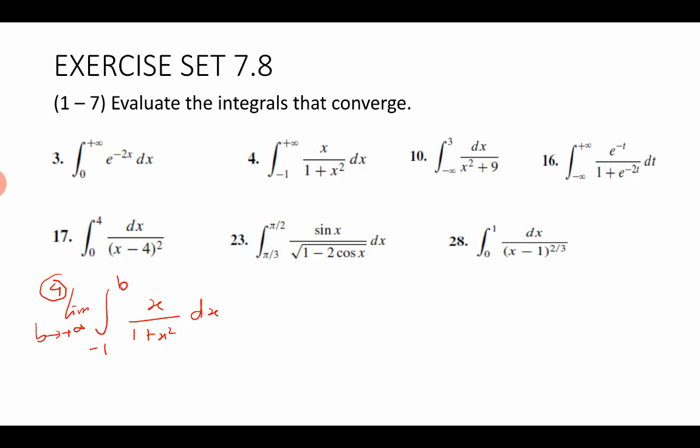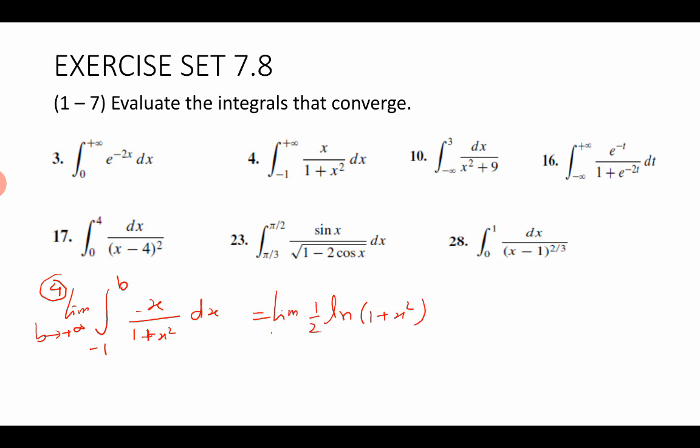So integrate this one. We know this is the integration we have seen many times. The derivative of the denominator is the numerator. You should have a 2 here, isn't it? 2 is missing. So this is ln. You can use the substitution method or any method. You can find the answer of this integration as ln of 1 plus x square, and there is a 2 missing, so 1 over 2.